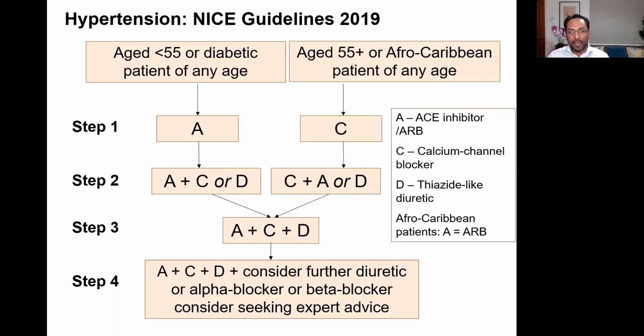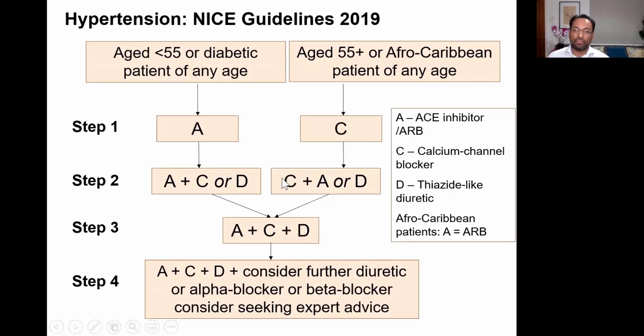So if the patient is diabetic, regardless of age, you're going to start on the A side. Now, for most patients, A means ACE inhibitor, first line. They'd only have an ARB if they can't tolerate it. However, this patient was Nigerian, so of Afro-Caribbean heritage.